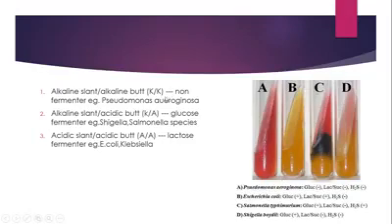So K by K means alkaline by alkaline. That means the slant is alkaline, K, as well as the butt is alkaline, K. Alkaline slant and alkaline butt mean that no carbohydrates are fermented. That means only peptones are fermented, and so the organisms are non-fermenters, no carbohydrate fermenters.